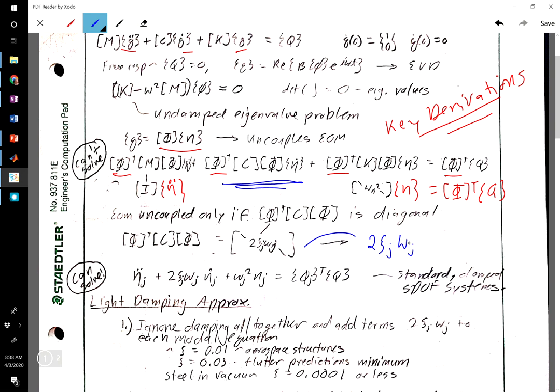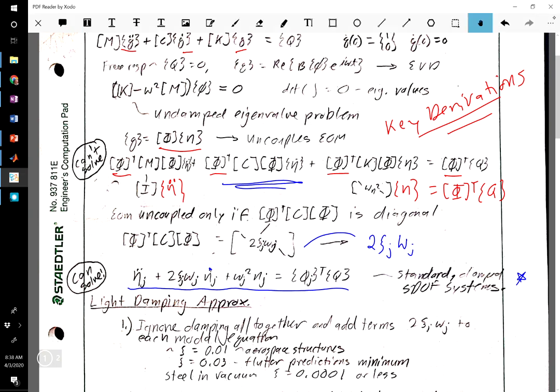Then the form would exactly match the form that we're used to for a single degree of freedom system. So the eta dot term has a 2 zeta omega n. And then everything that we've done for single degree of freedom systems, we could then do there.